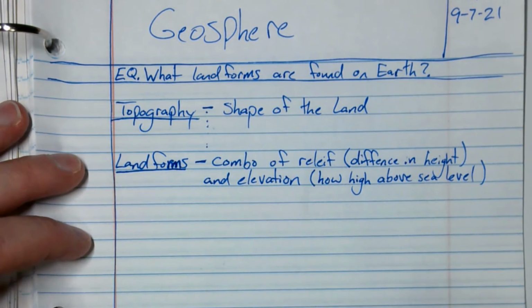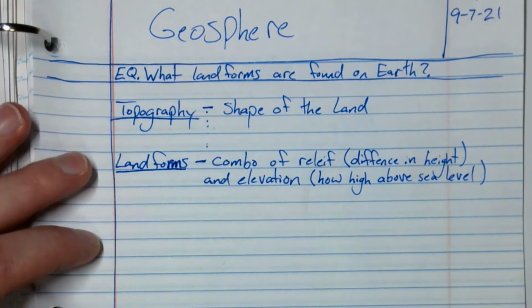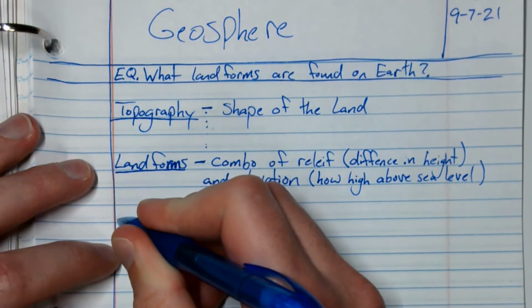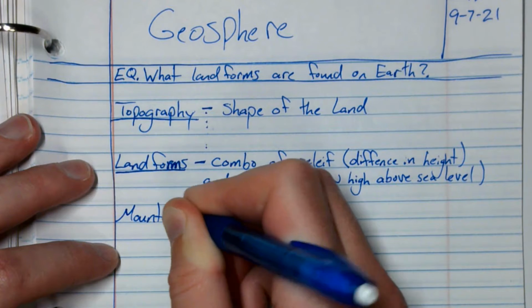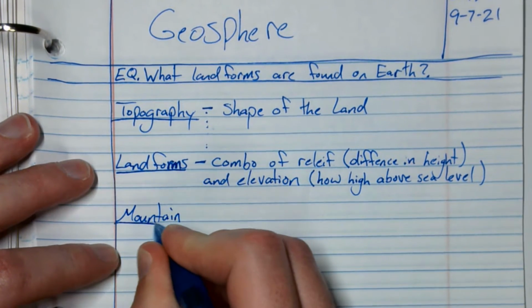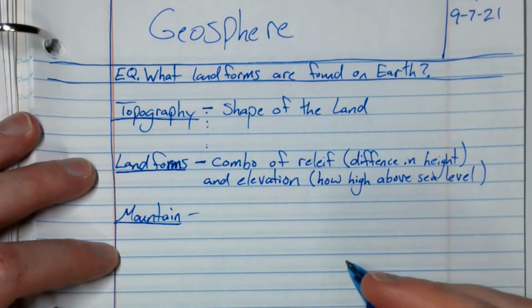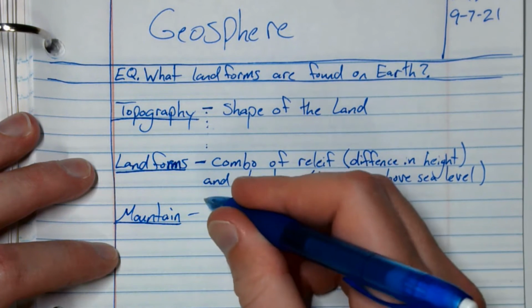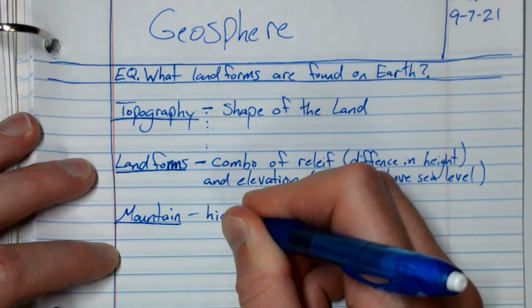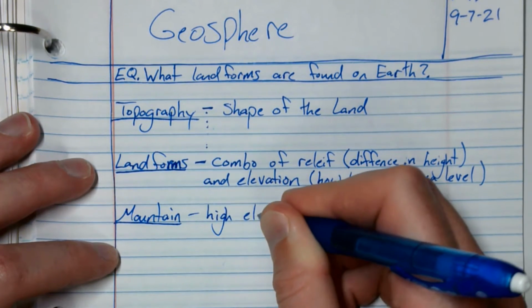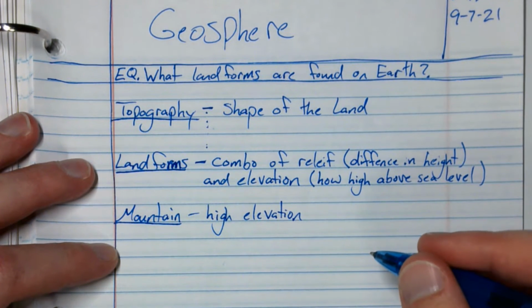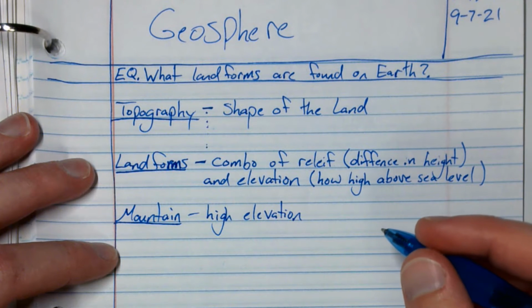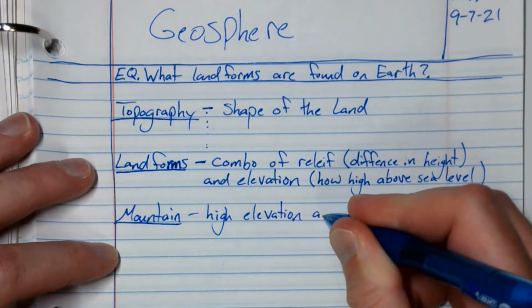We got a lot of different landforms. We're going to name a few of them. And our first one is a mountain. Most of you know what a mountain is. Maybe not how to define it. So a mountain, in our case, is something that has a high elevation and a higher relief.